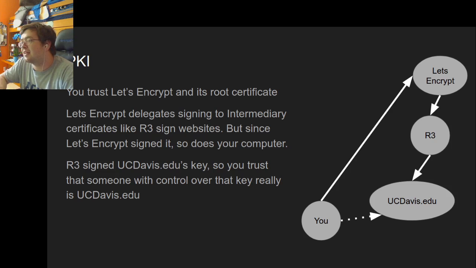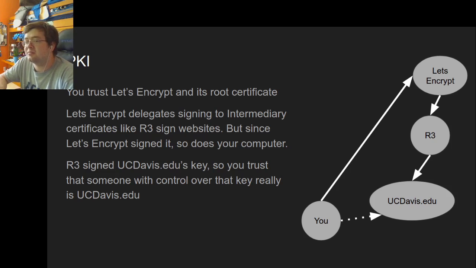They delegate that job out to a couple of intermediaries, such as R3 in this case for UC Davis. R3 here is a server of Let's Encrypt, I should say. It's not like this is some second company or organization. R3 is controlled completely by Let's Encrypt.